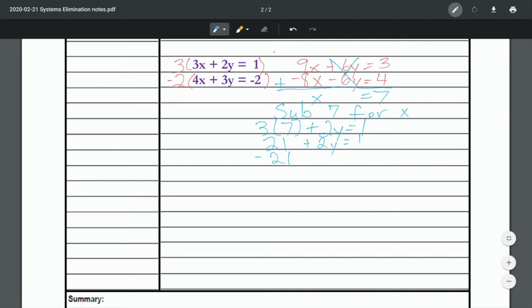Subtract 21 on both sides. 2y equals negative 20. And when we divide by 2 on both sides, we find out that y equals negative 10.